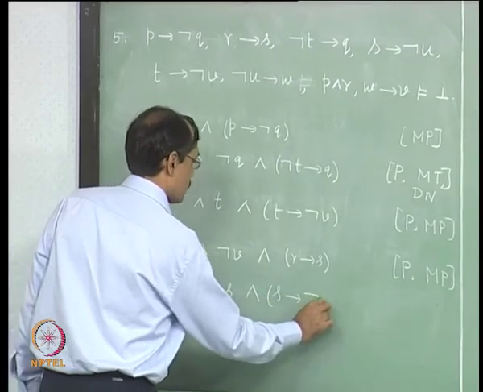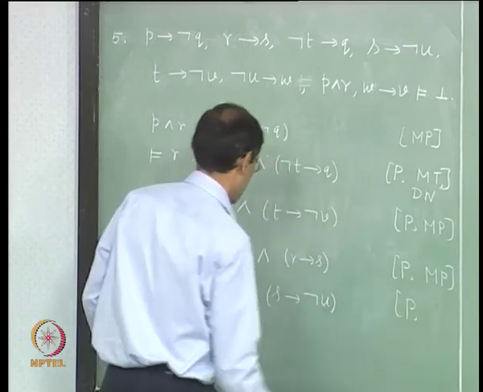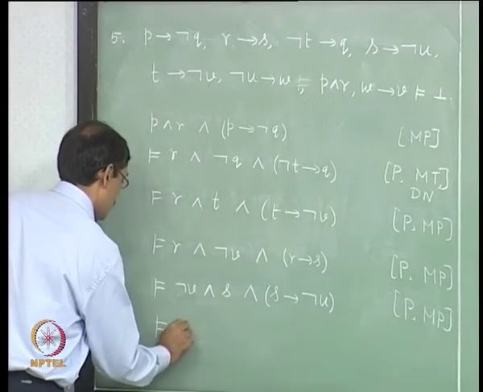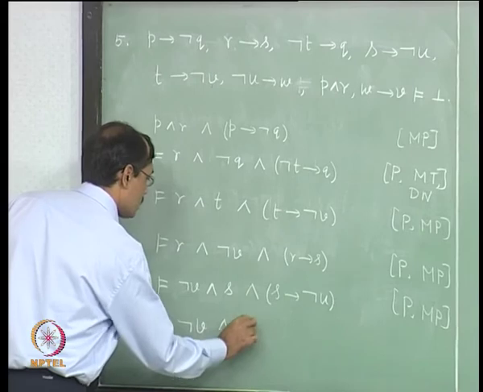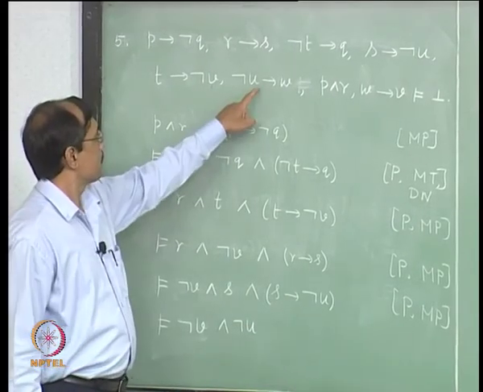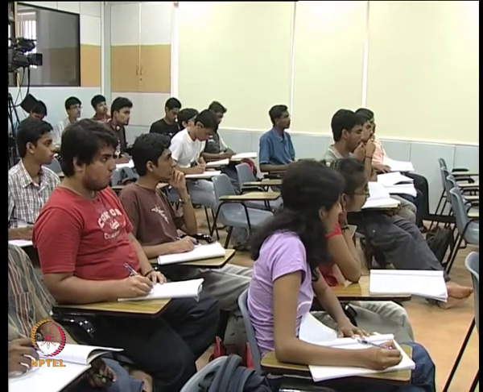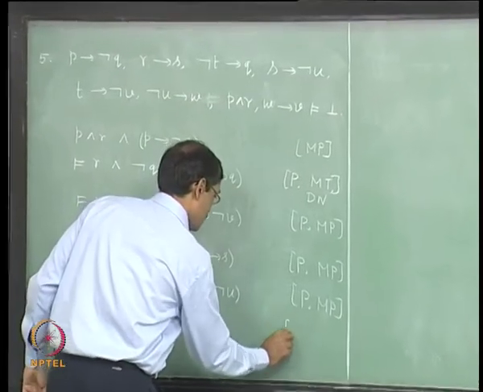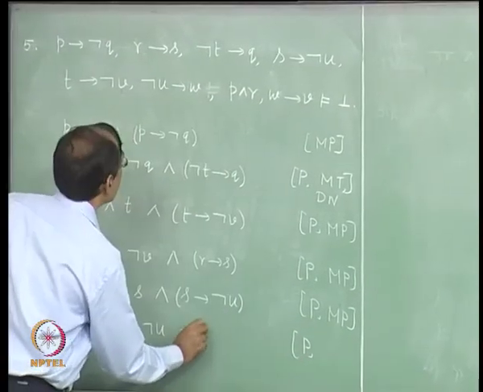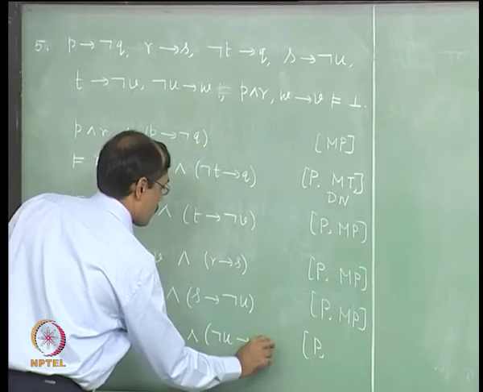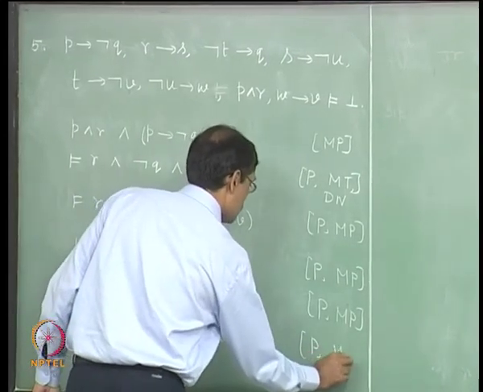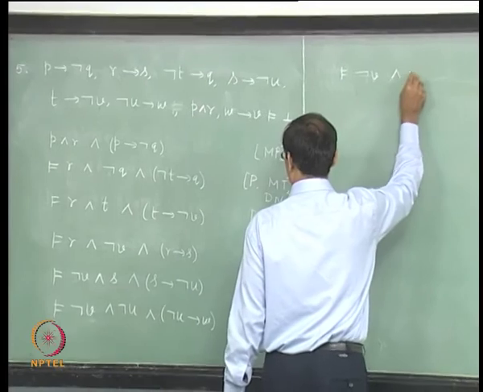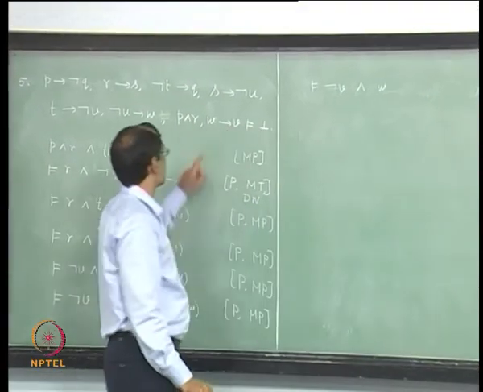Add a premise and then use modus ponens to get not V and not U. So, our plan was to use not U implies W. So, we add a premise and use modus ponens, that gives not V and W. Okay.